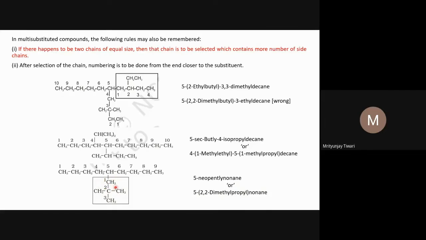In neopentane, one of the hydrogens is replaced, and at that position the parent chain is attached or linked. So that name, the neopentyl group, is considered in the IUPAC nomenclature. This is the more commonly used name, but even you can write these names based on these rules as well.